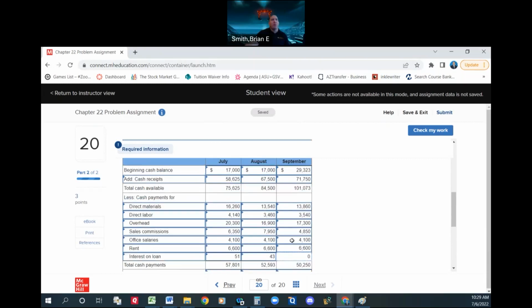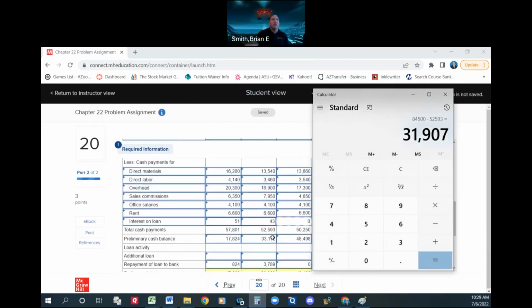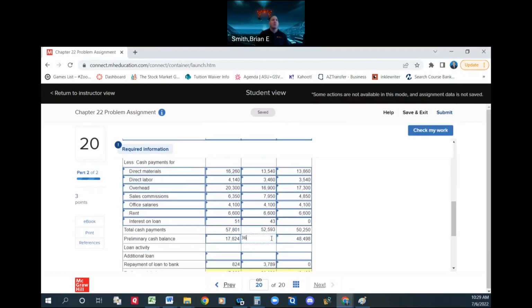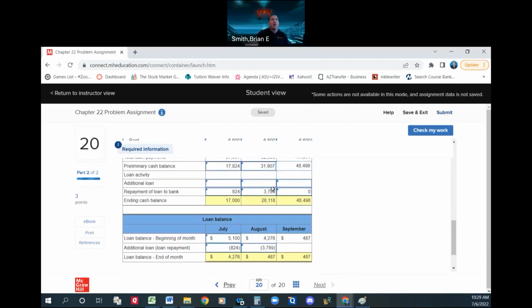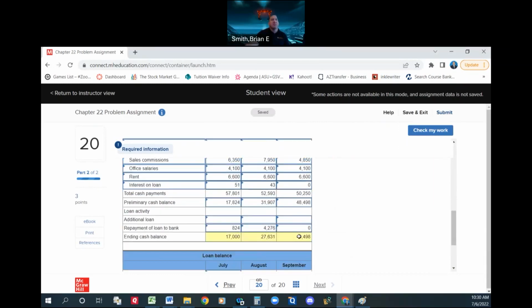And then we need to do another preliminary balance. Sorry, see, this is what happens when you do something wrong. 31,907. And then we're going to repay all of this back. $4,276. All right, so now we got 27,631.